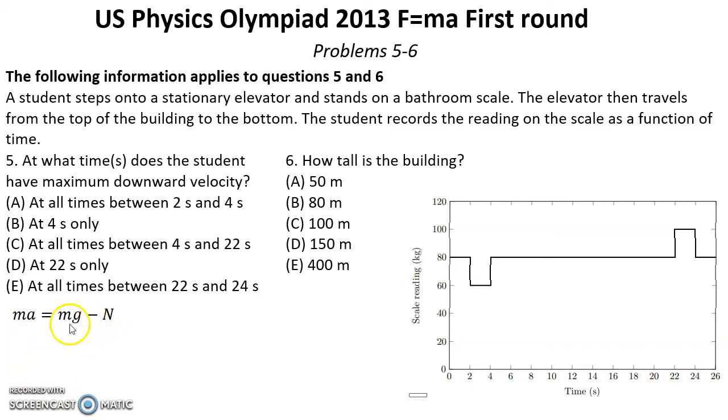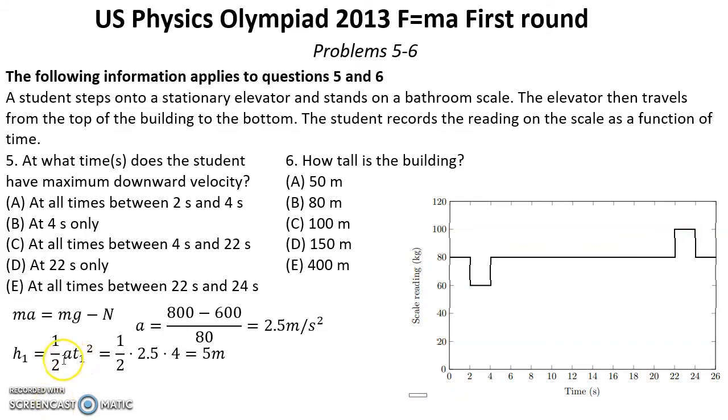In our case, mg equal 800 newtons, normal force is 600 newtons, and mass is 80 kilograms. It means that acceleration equal 2.5 meters per second squared. Now we can find the distance covered by the elevator between 2 and 4 seconds. That will be 1/2 A T1 squared, which is 5 meters.